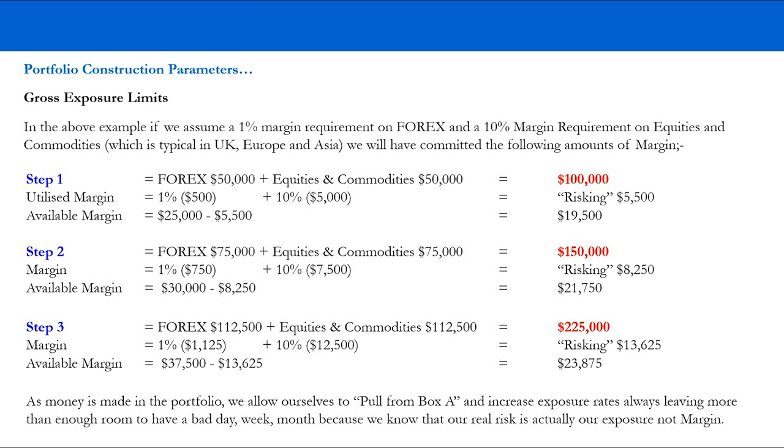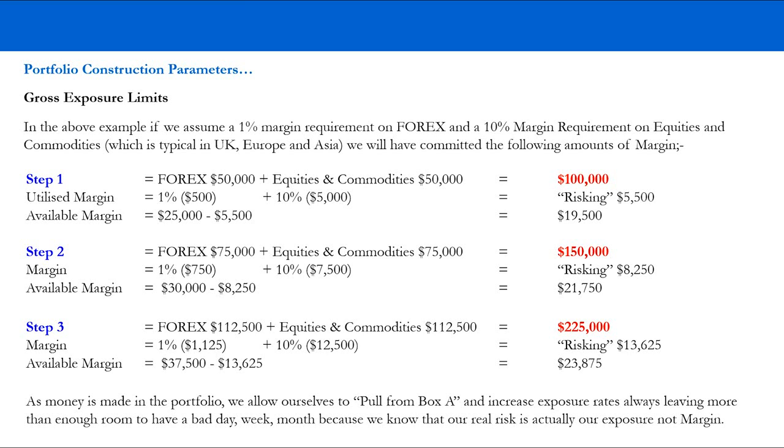In step 3, our Forex exposure is $112,500 plus $112,500 in equities and commodities, giving a gross exposure of $225,000. The margin that we're utilizing towards Forex is $1,125, plus a 10% margin requirement in equities and commodities, so utilizing $11,250.